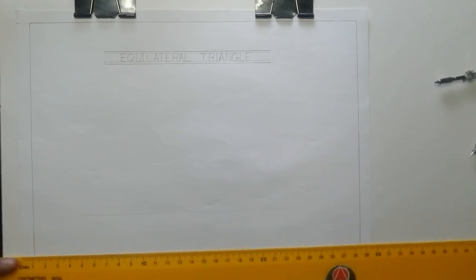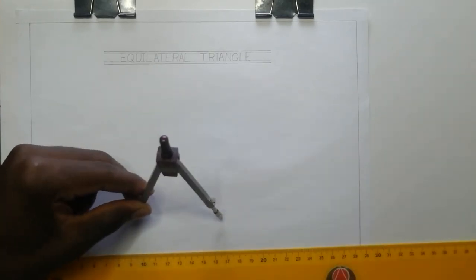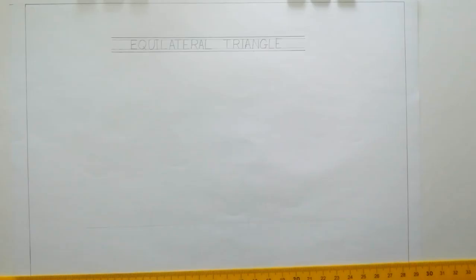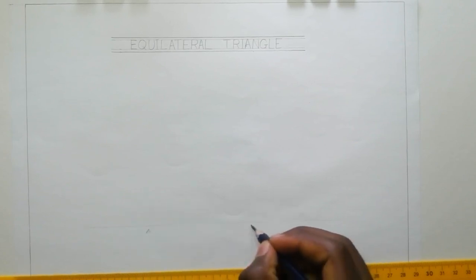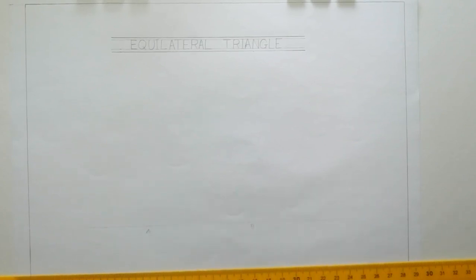Mark a construction line that is going to help us make our base. This is triangle ABC. It's a good thing we label. That is AB. And now we're going to draw our triangle.